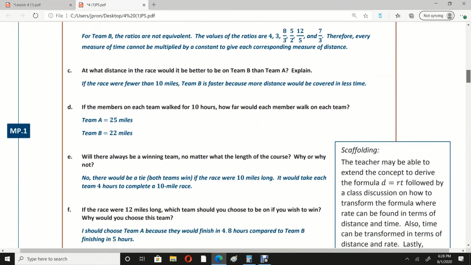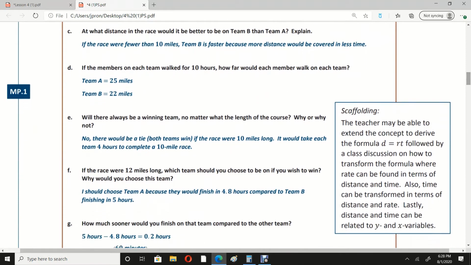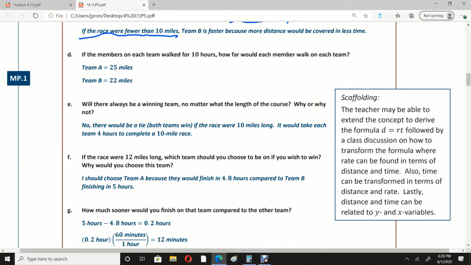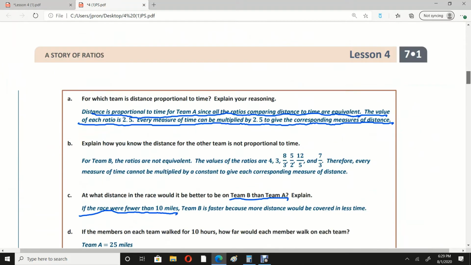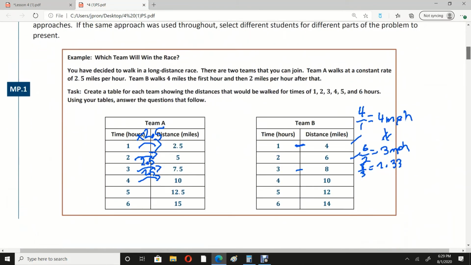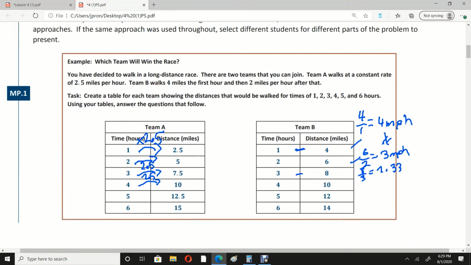Check your rubric. Part C, at what distance in the race would it be better to be on Team B than Team A? Explain. If the race were fewer than 10 miles, right? So let's go back to our list here, right? So Team B kind of comes out hot, right? Team B came out fire, and they traveled 4 miles in the first hour, right?